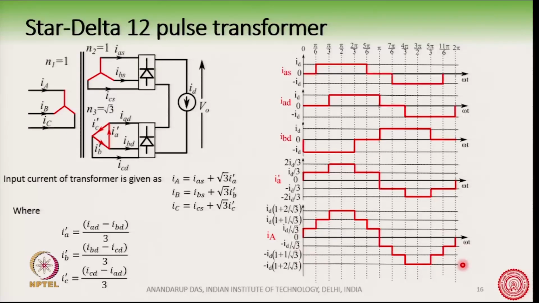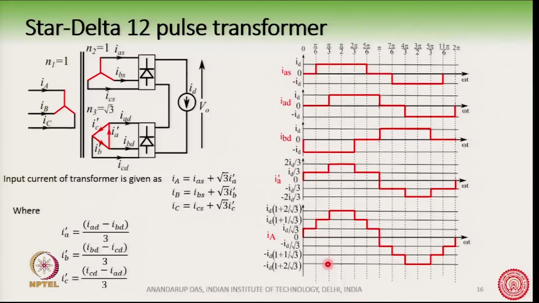You can see that I capital A is distinctly different from IAS. If we had only a 6 pulse rectifier with a 1:1 transformer, with both sides in star, for example, then I capital A and I small a s, these two would have been identical.